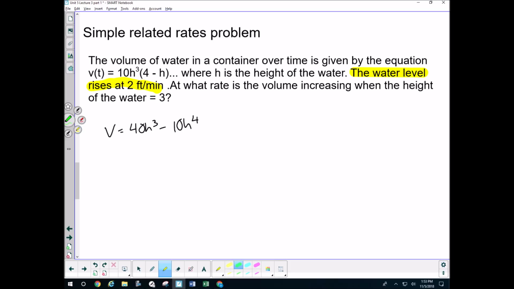We are wondering at what rate the volume is increasing when the height of the water is 3. At what rate is the volume increasing? That would be dV dt, and that's what I'm trying to find. That's what's given to me in green.